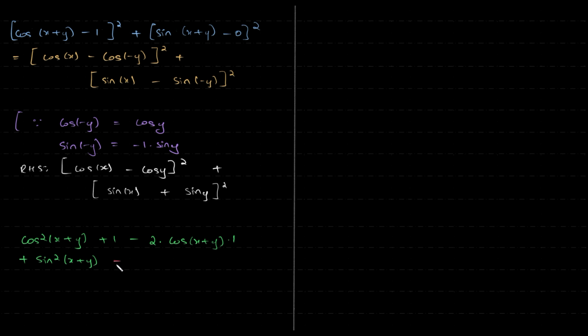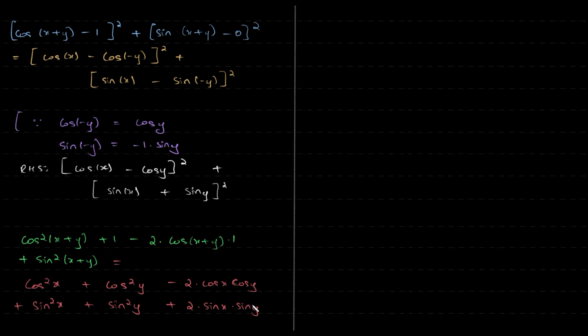And this is equal to the RHS: cos square of x plus cos square of y minus 2 cos x cos y, right? And then we have plus sine square x plus sine square of y plus 2 sin x sin y.